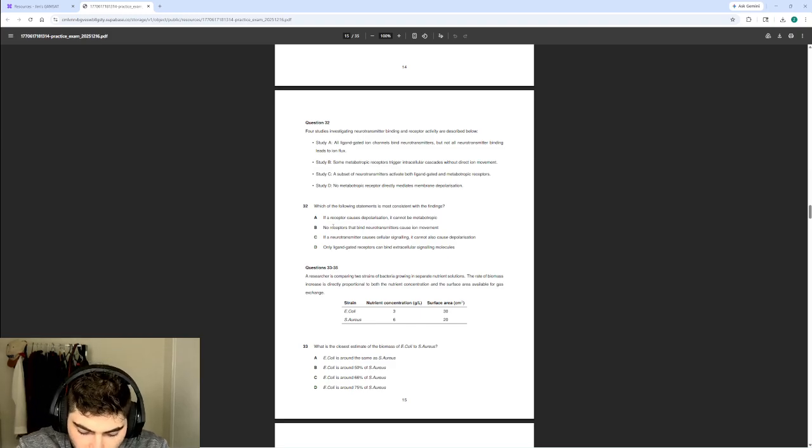Let's rule that out as well, and the reasoning here is important. Not sure if it's accurate or not, but if a neurotransmitter causes cellular signaling, it cannot also cause depolarization. Just based on intuition, isn't cellular signaling depolarization? And that cellular signaling comes from neurotransmitters. I don't really know though, to be confident in that at all.